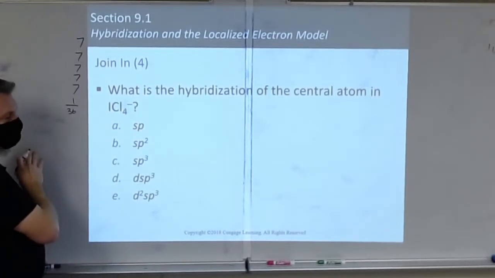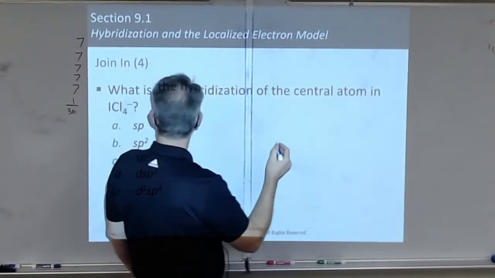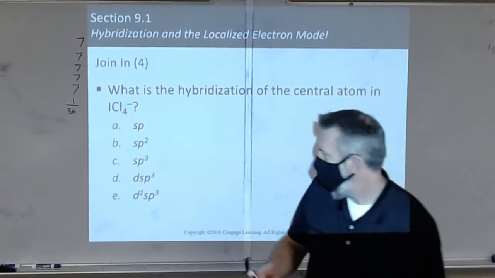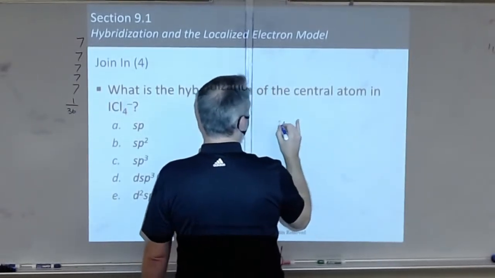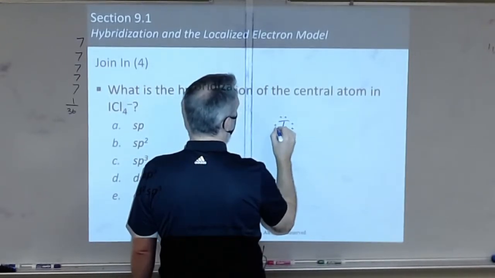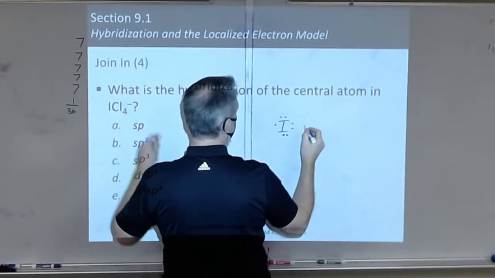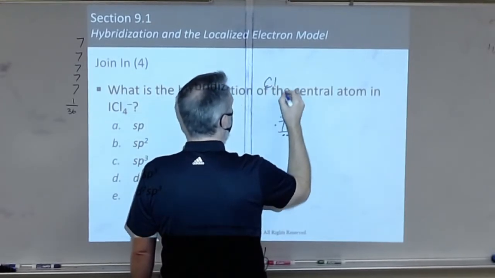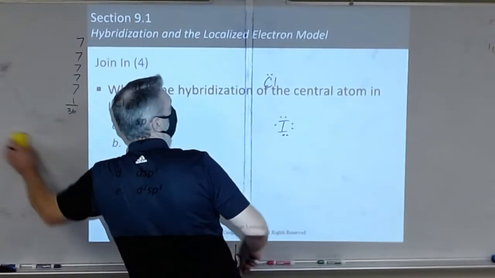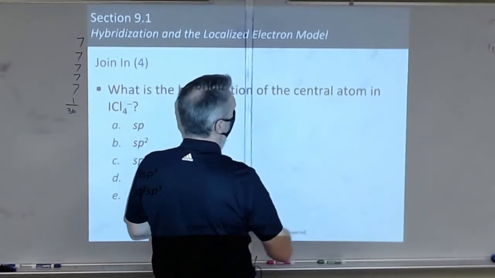I'm going to put this over the side. We're going to check it out. But first of all, who's likely going to be my central atom? Iodine. I think it's a reasonable assumption. Iodine is going to be my central atom. And I've got 4 of these Cl atoms to get placed. Actually, I'm going to move this over because I don't like writing right here.